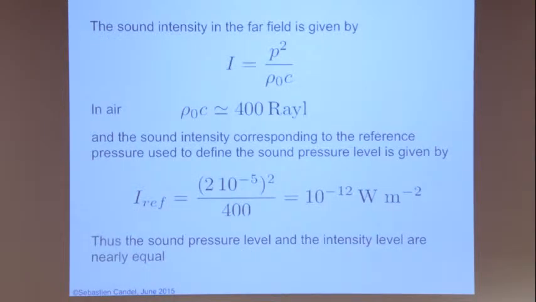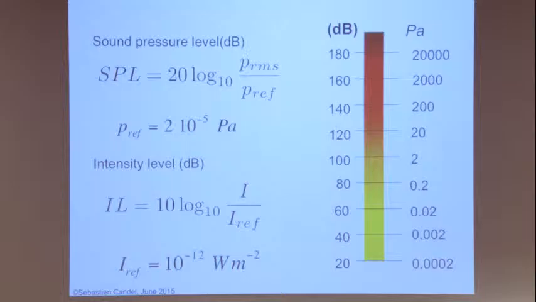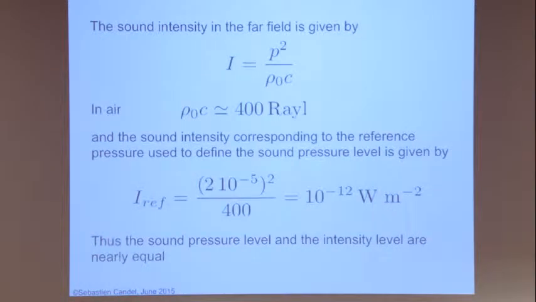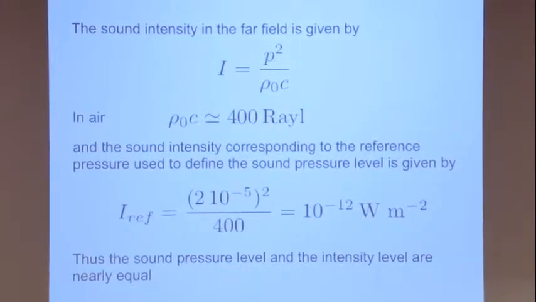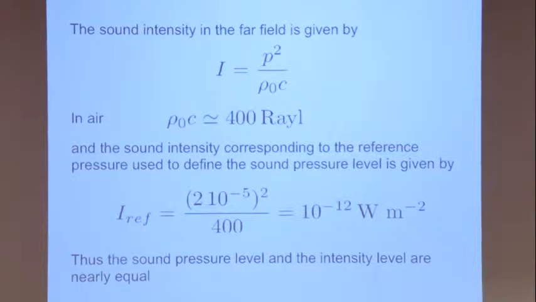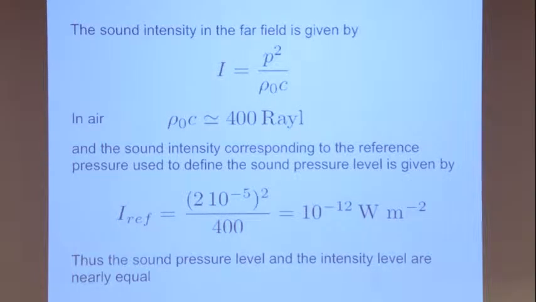You see these two expressions are compatible, because when you look at the intensity for a plane wave, it's p² divided by ρ₀c, and taking ρ₀c equal to 400 in this atmosphere, you find that for the reference RMS pressure, 2 × 10⁻⁵, you have exactly this reference intensity.